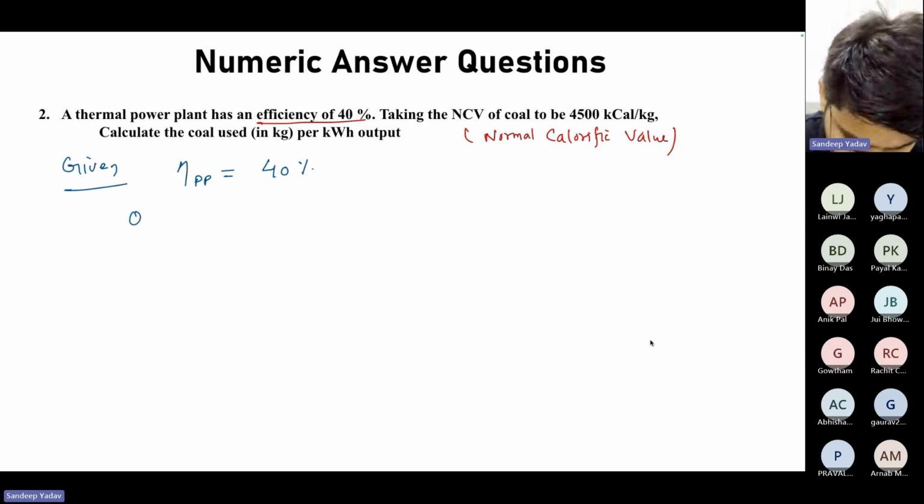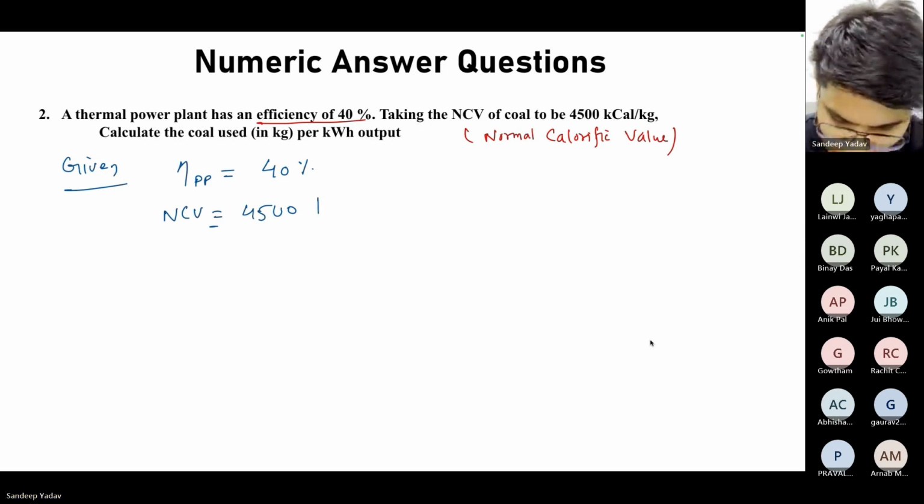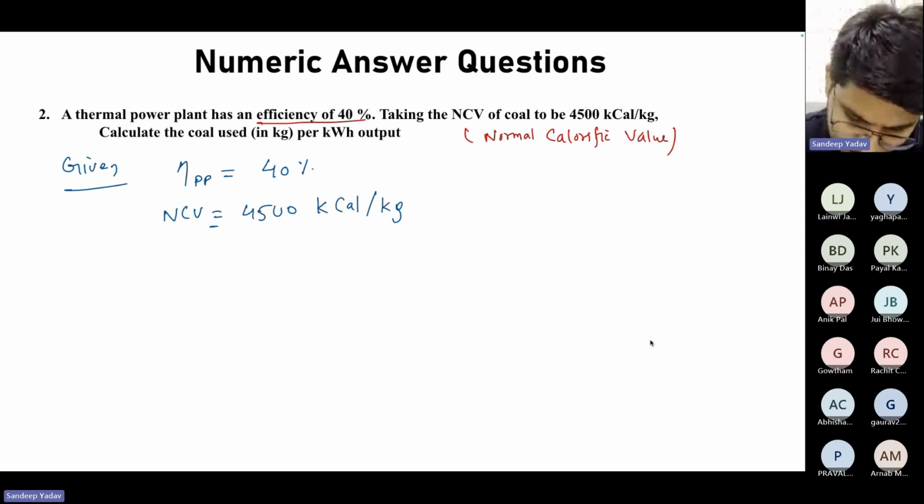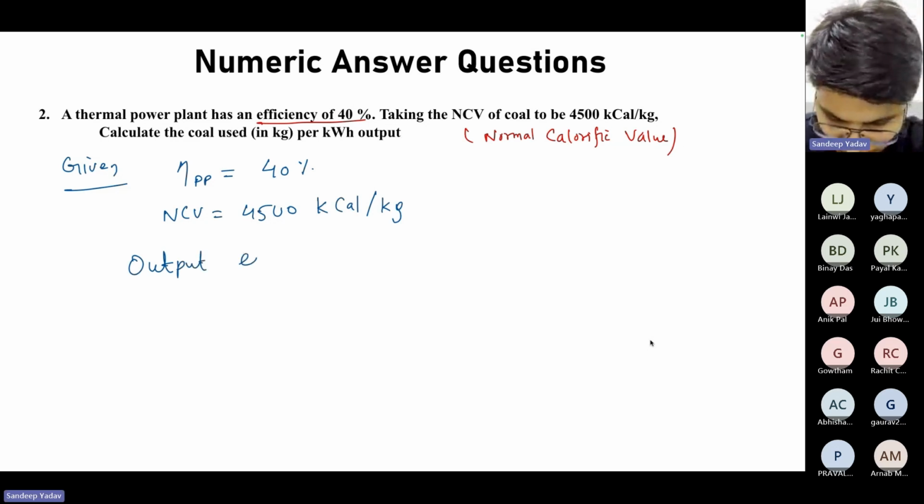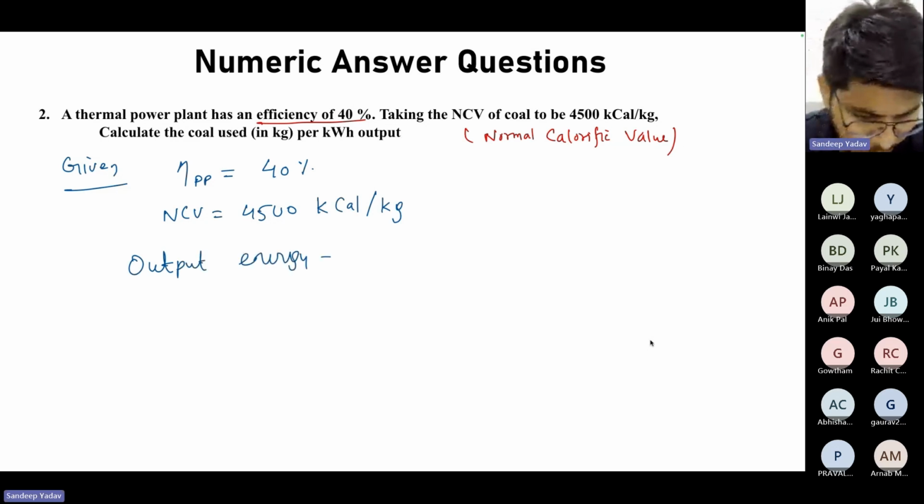So we must know the output energy, and the NCV of the coal is given as 4,500 kilocalorie per kg. From that we can calculate the output energy. What will be the output energy?